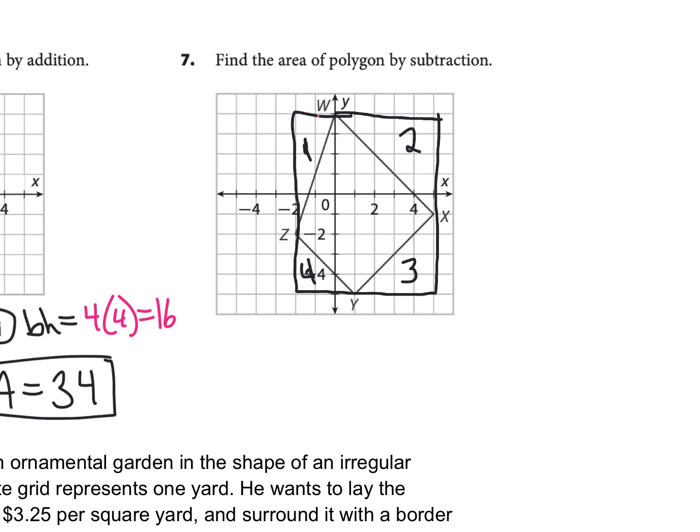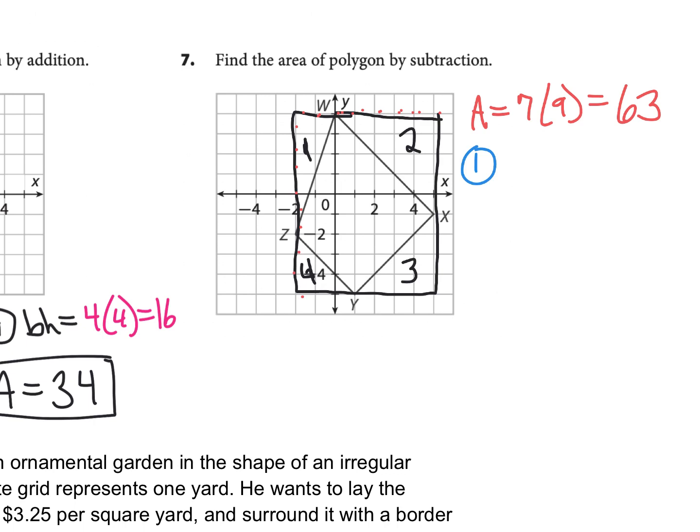So the big rectangle, 1, 2, 3, 4, 5, 6, 7. 1, 2, 3, 4, 5, 6, 7, 8, 9. So the area of the big 7 times 9 is 63. Now I'm going to subtract each one of these.